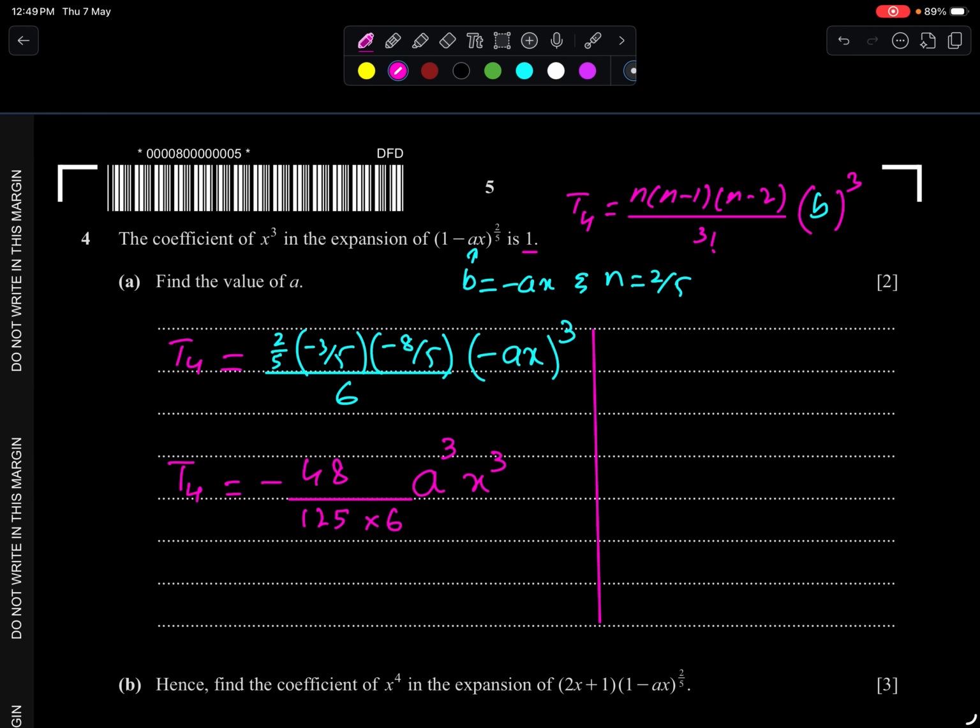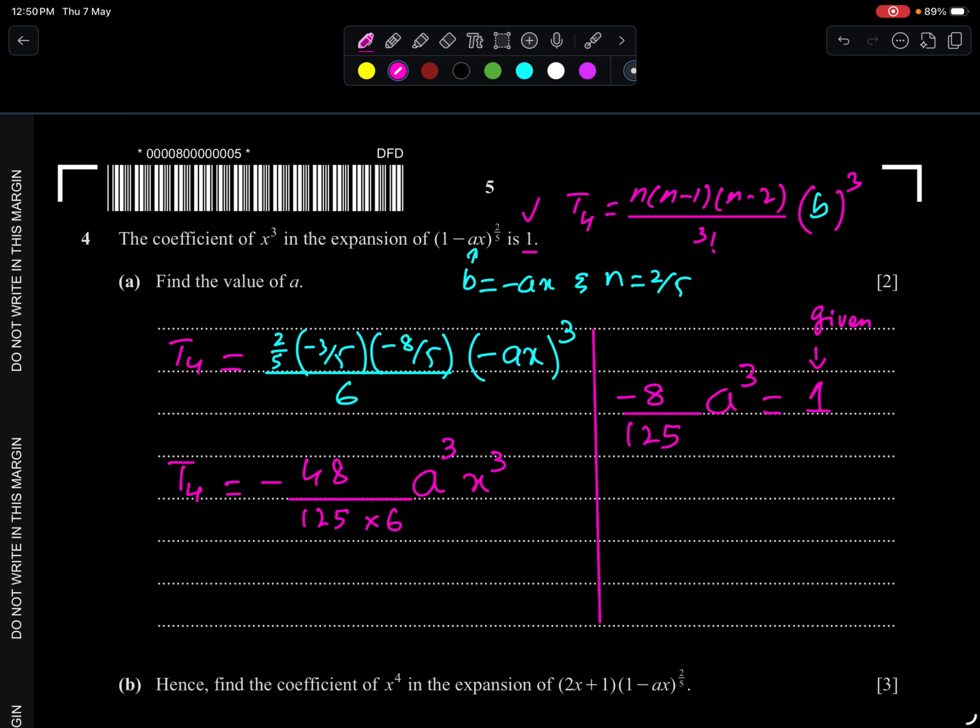So now equate this. Minus 48 upon 6 is minus 8 upon 125. After cancellation, a cube is equal to this, and 1 is given.